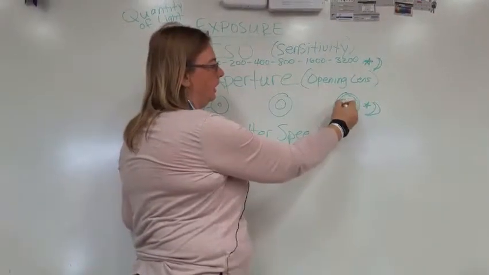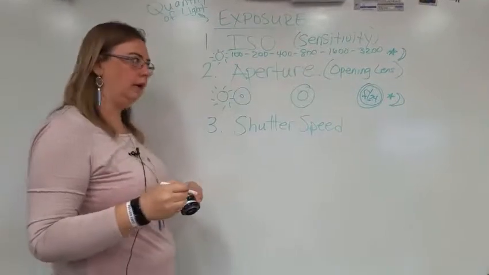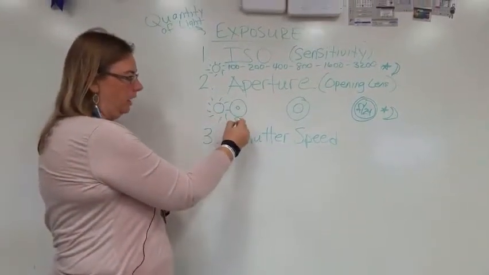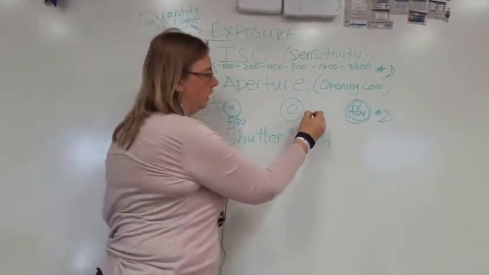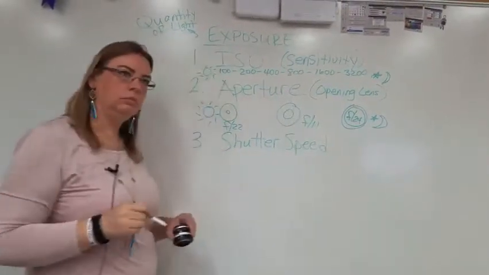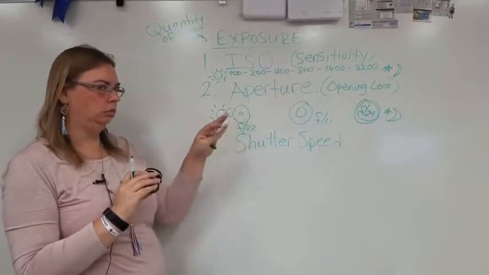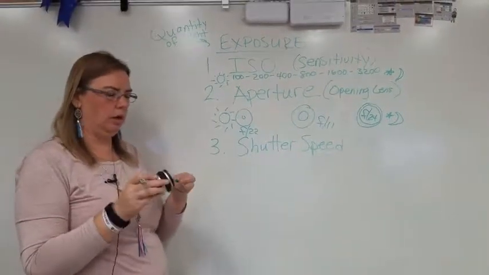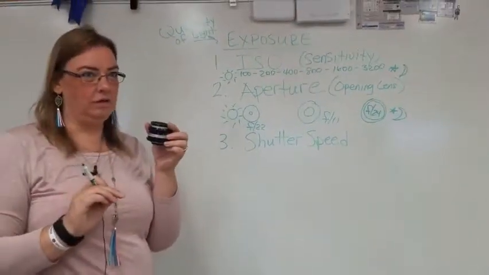So this might be like f/2.4. And this one might be f/22. And this might be like f/11. So these are our f-stop numbers. And they sort of double as well, but they've got points in there. It's all mathy. Okay?